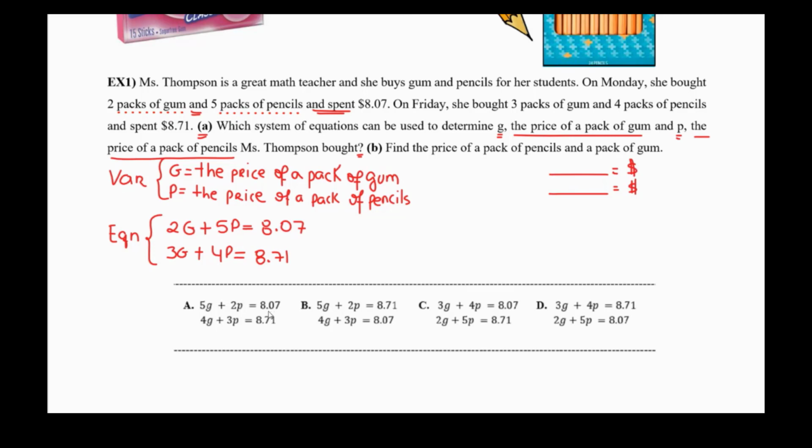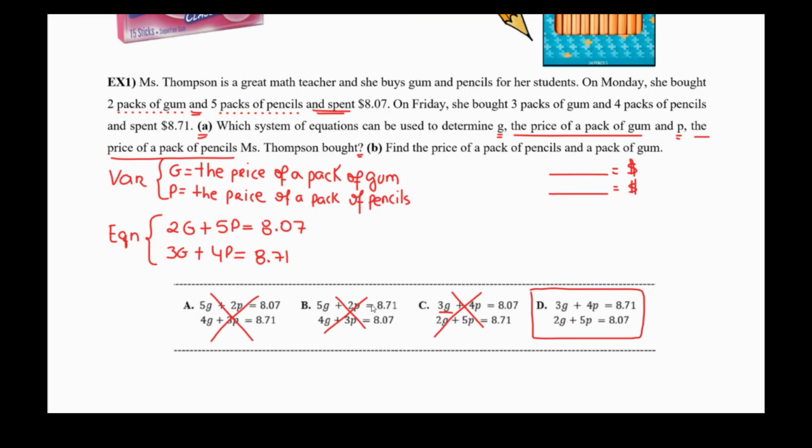The first one, 8.07, instead of 2G has 5G, so I know that is wrong. This one, 8.07, has 4G instead of 2G, so I know it is wrong. And this one is 8.07 and it has 3G, so that is wrong. And this one, 8.07, has 2G and 5P. On the other equation, 8.71 has 3G plus 4P. So I know my answer is going to be letter D.